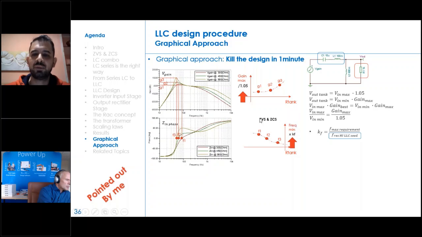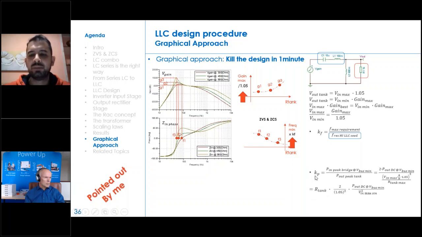If I multiply the plot I got at the beginning by the factor Kf, I'm able to instantly get the real minimum frequency I need, because this one has been obtained by focusing on the tank. But if I include the Kf factor here, I'm reading the minimum frequency I'm working with. In a while, we will go through an example of that.